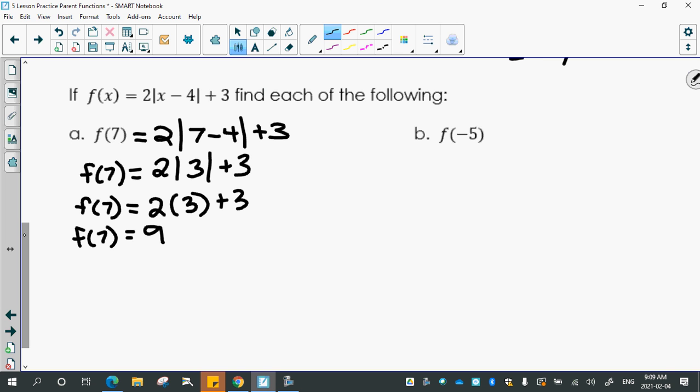Okay, so see if you can do the f at -5 one.